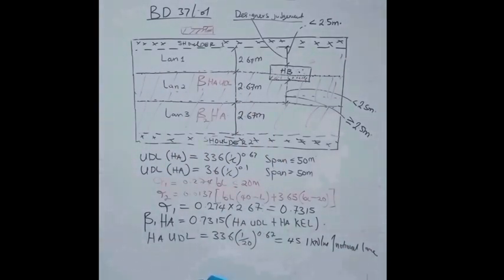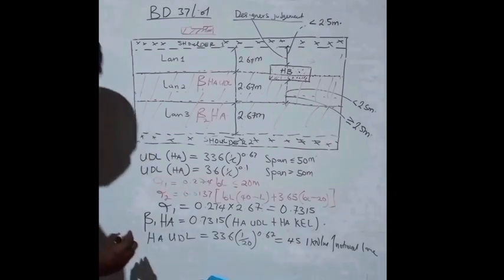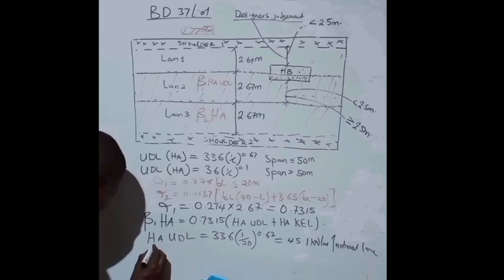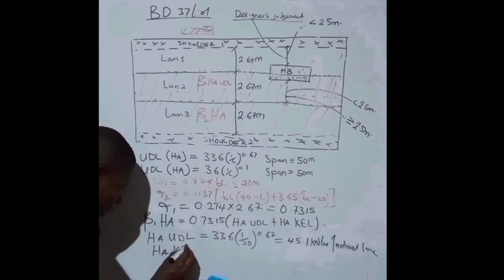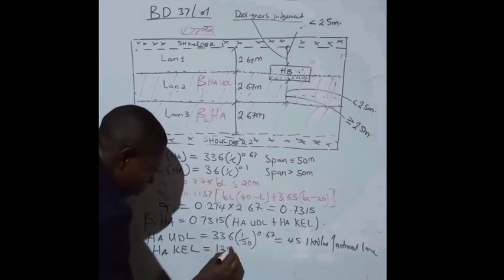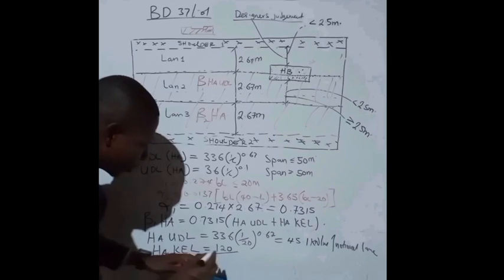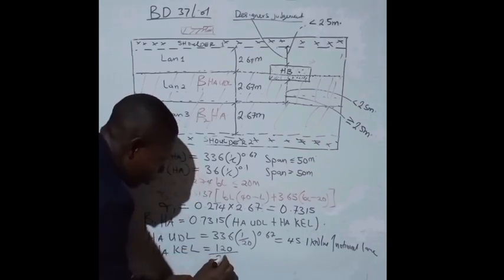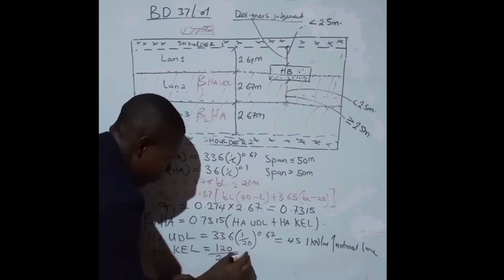Okay. Now for the HA KEL matrix, HAKEL becomes 120 kilonewton per national length. Remember, our national length is 2.67.